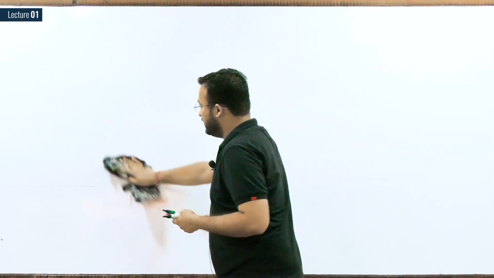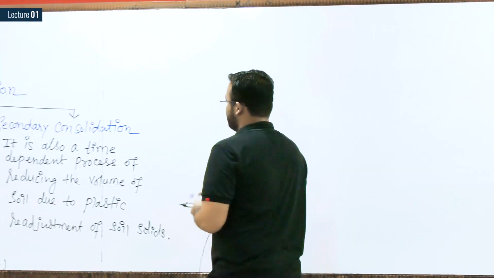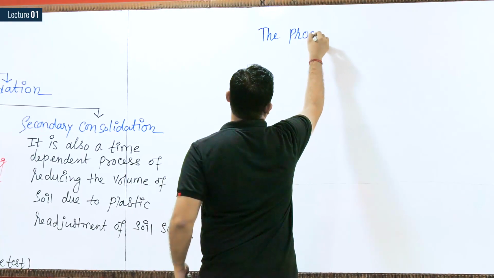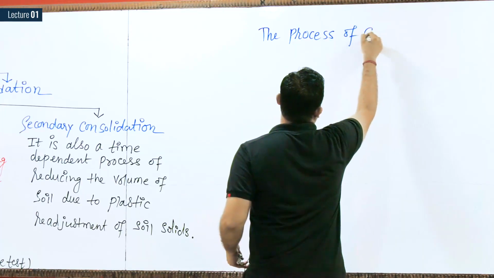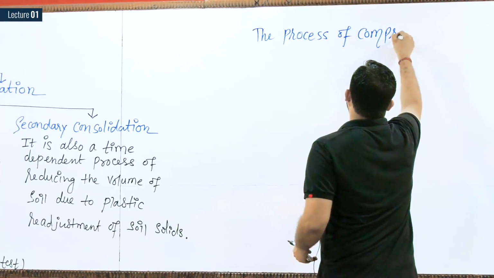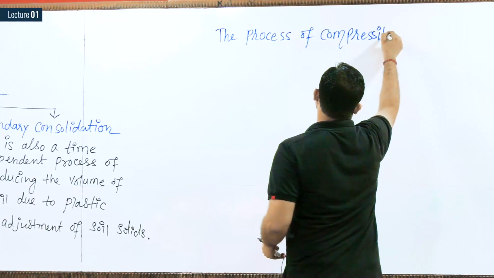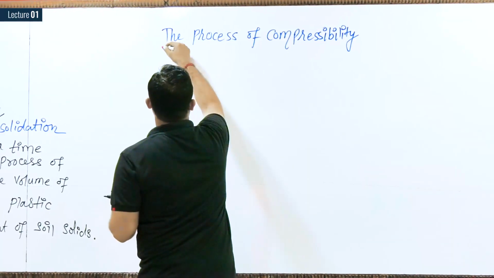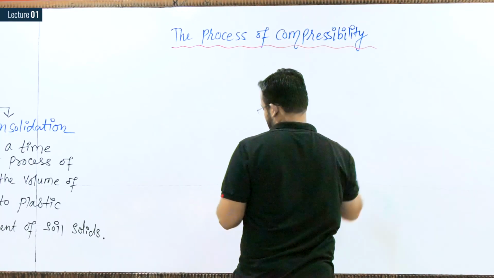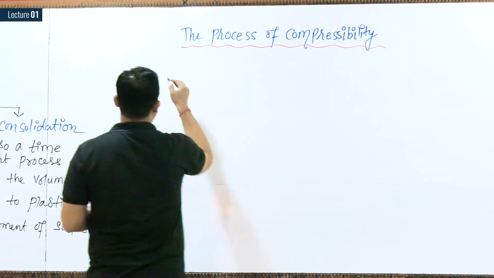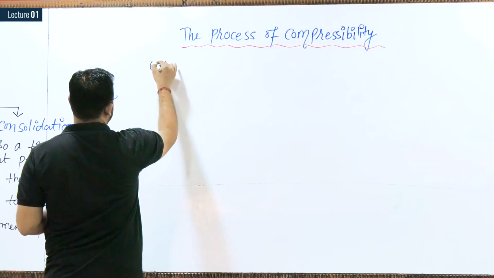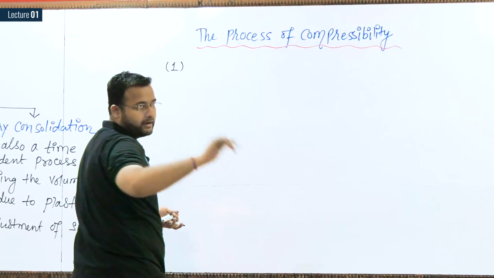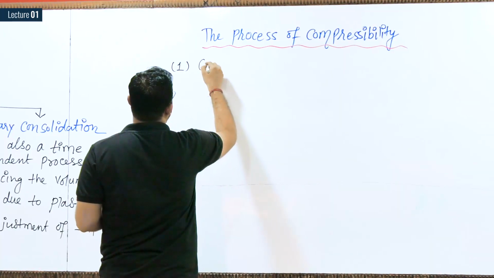Now here I can write the process of compressibility. In the process of compressibility, the first process is, suppose there is a soil and I am applying one load, then what will happen?